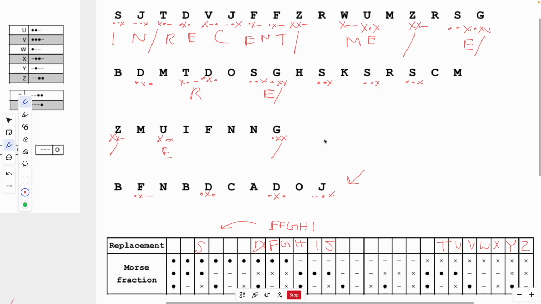Okay. So now we don't really have too many other options, right? We're going to have to figure out what word this is.